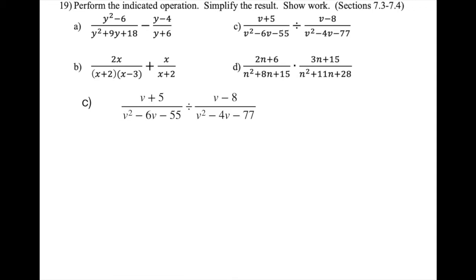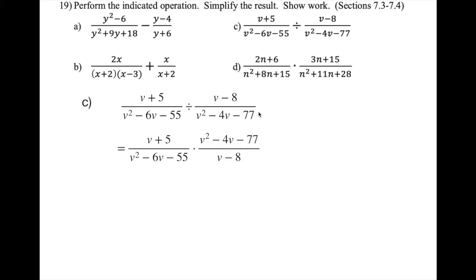Okay, part C is division. We don't like division. We want to change that to multiplication. So division is the same as multiply by the reciprocal. So the first term, we just copy it here, times the reciprocal of this second one.